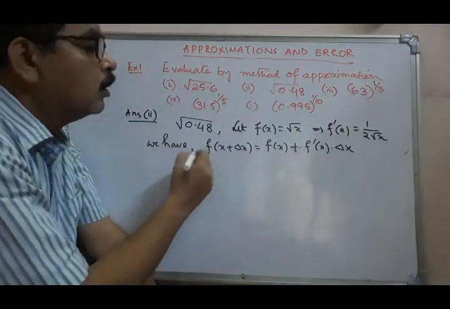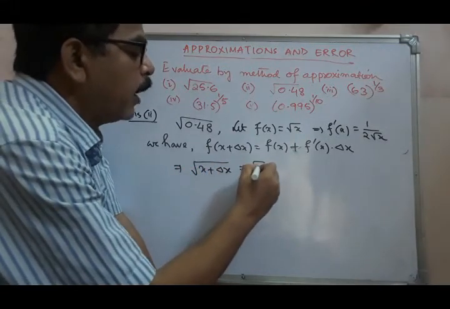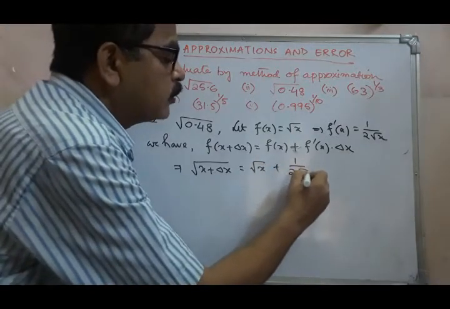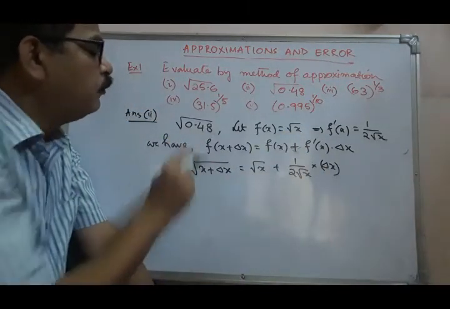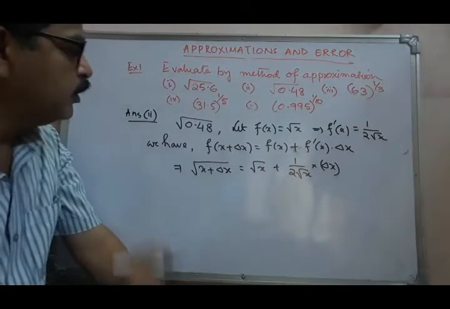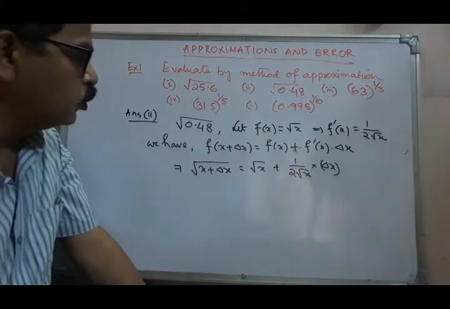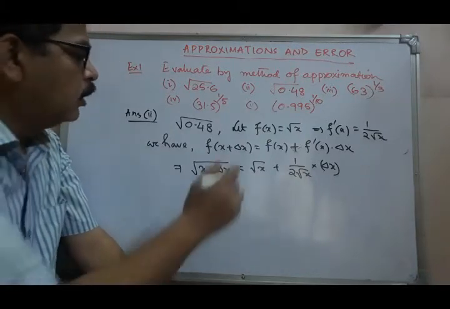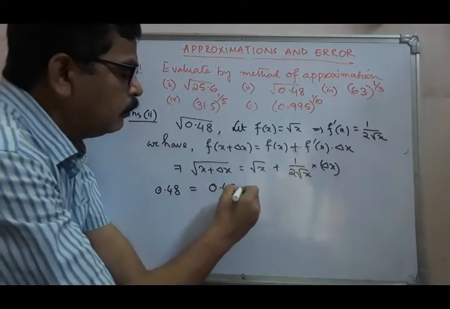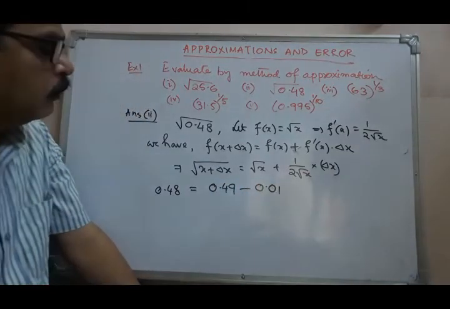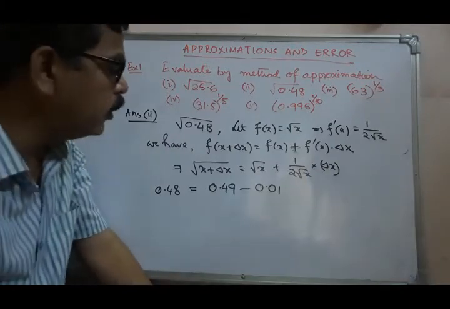Replacing the values, root over x plus delta x equals root x plus 1 by 2 root x into delta x. Now we divide 0.48 into two numbers, so that one number has a perfect square root and the other is a very small decimal number. So 0.48 can be written as 0.49 minus 0.01, because 0.49 has a perfect square root whose value is 0.7.